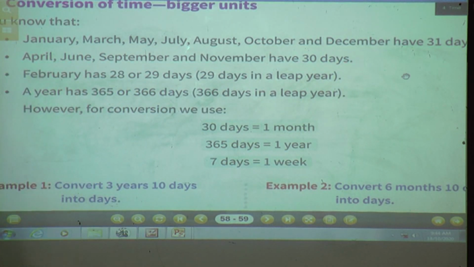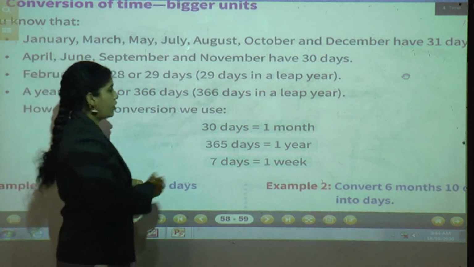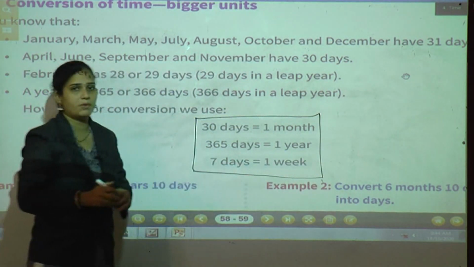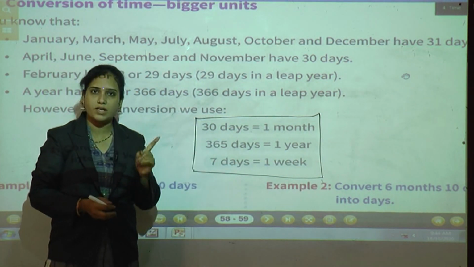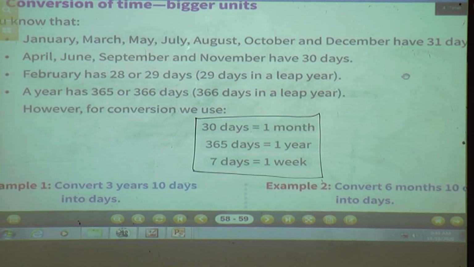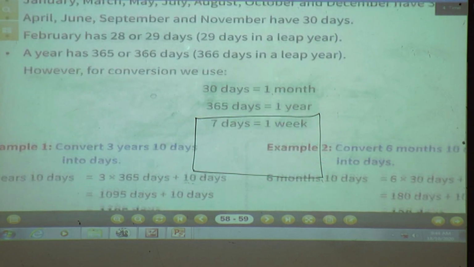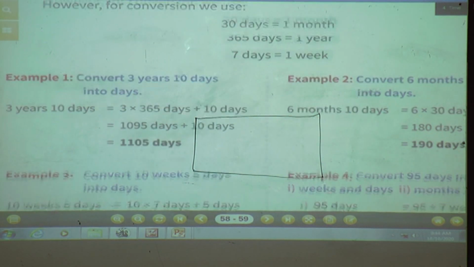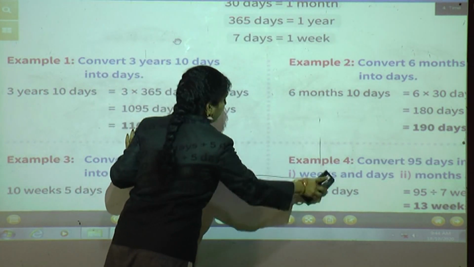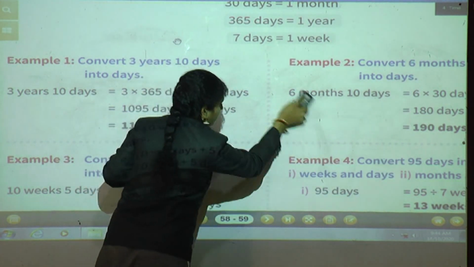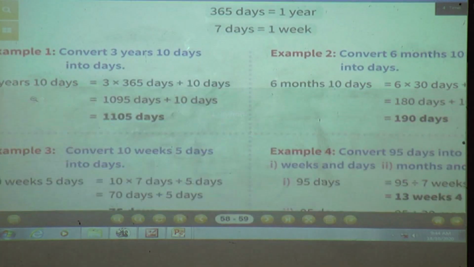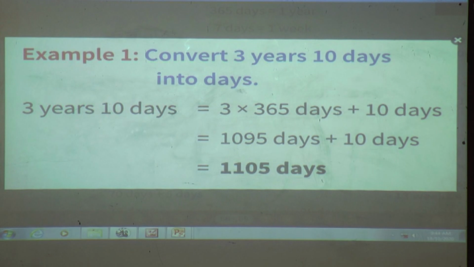So remember, this is very important for calculation students: 30 days equal to 1 month, 365 days equal to 1 year and 7 days equal to 1 week. Now students, with the help of these formulas, this conversion, we are going to solve the examples. Here they have given us examples, even they have solved them, so we are going to see how they have solved the examples.